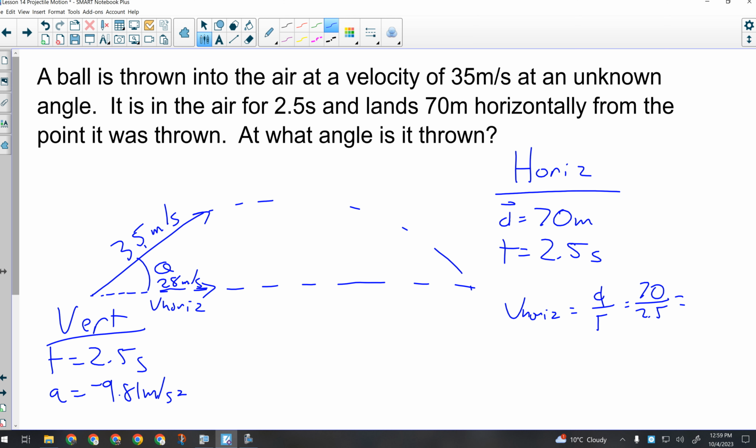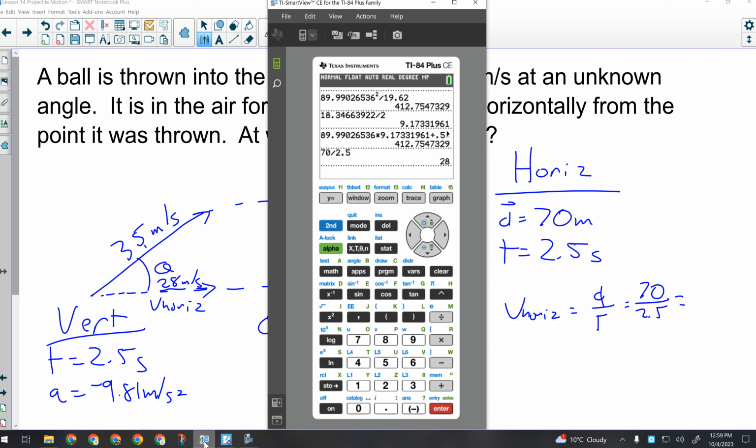So if I know those two sides, theta will be cos to the -1 of the adjacent side, 28, over the hypotenuse, 35. So the angle's 37 degrees.